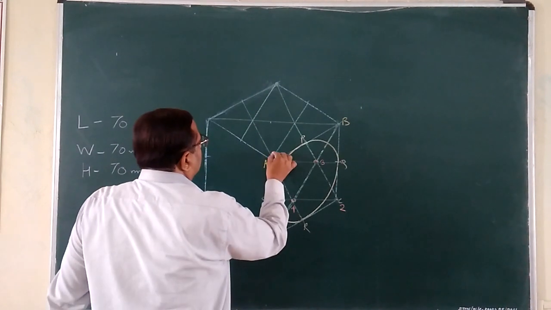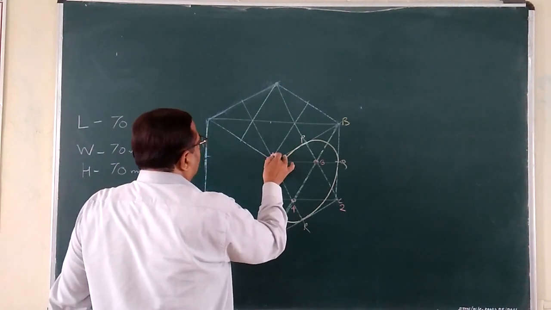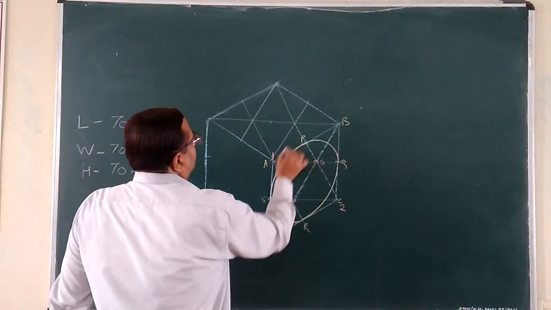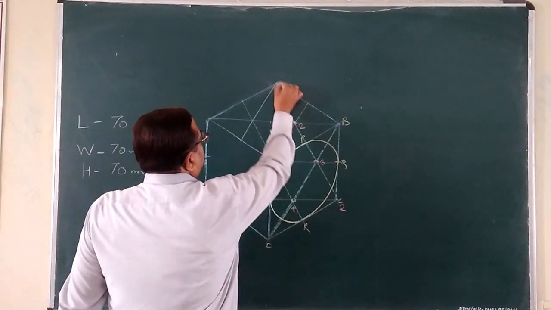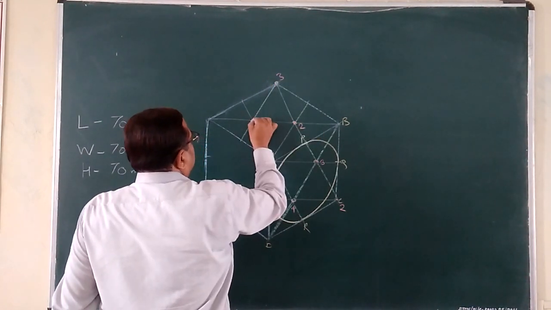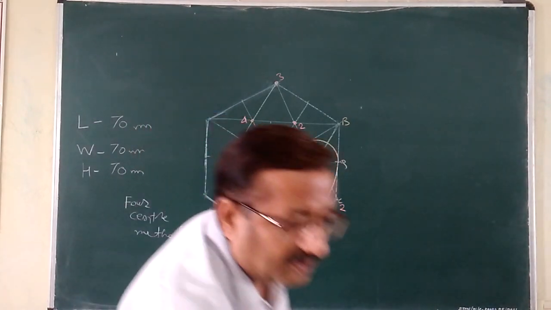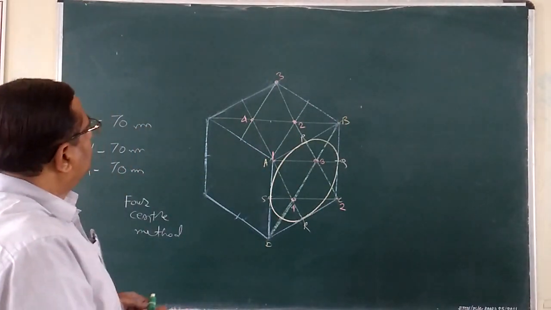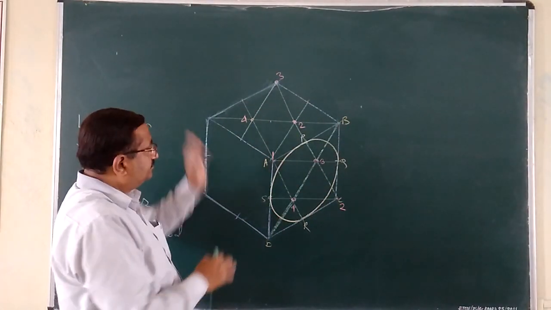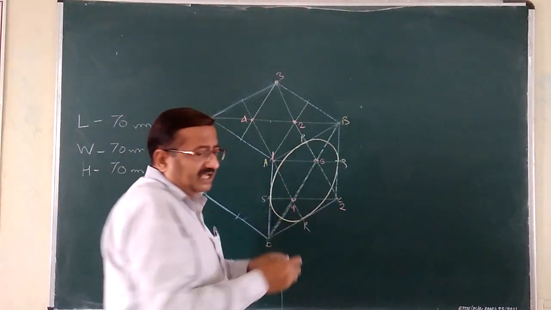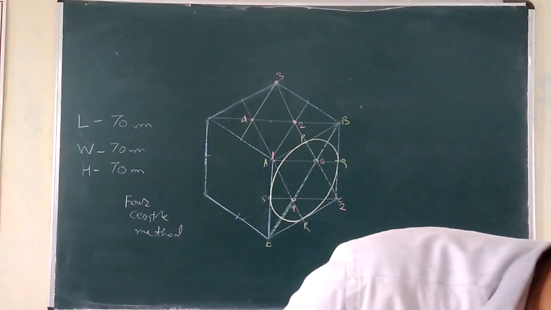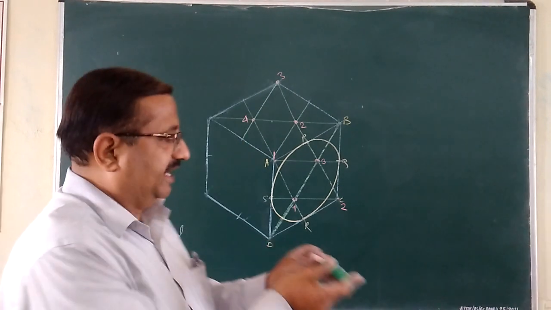So center number 1 is here. This is common for all the 3. Center number 2 is here, center number 3 is here, and center number 4 is here. Now, choosing one by one, I will finish the same task of constructing the ellipse there.